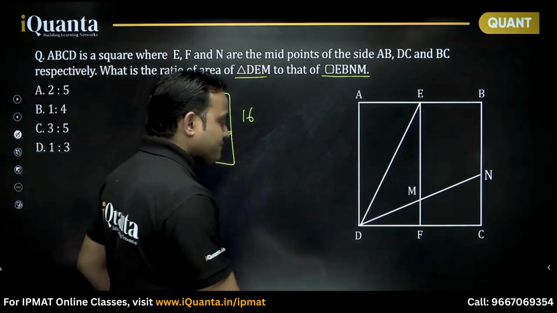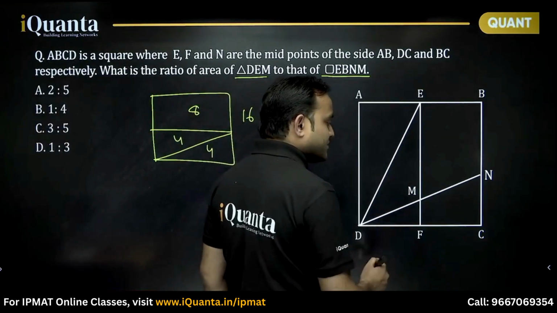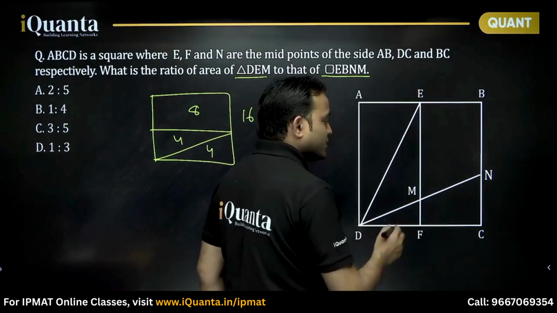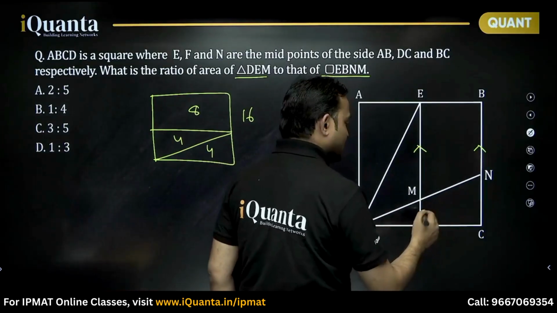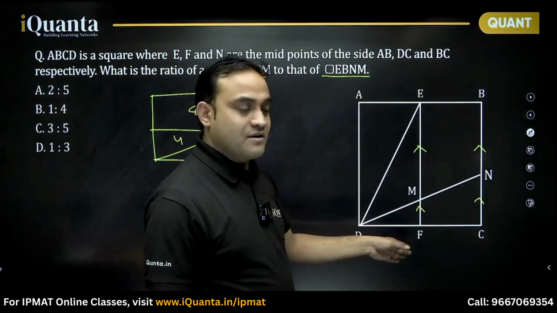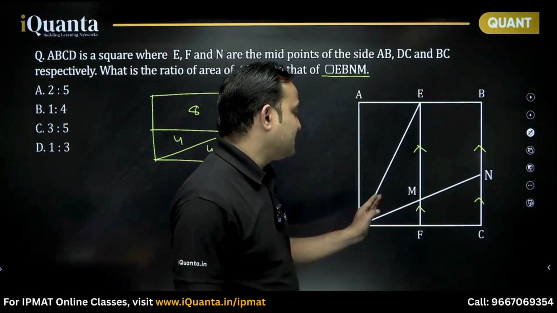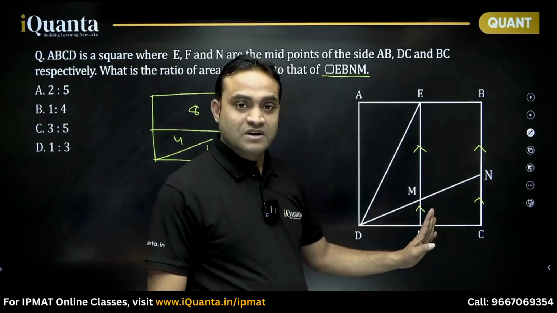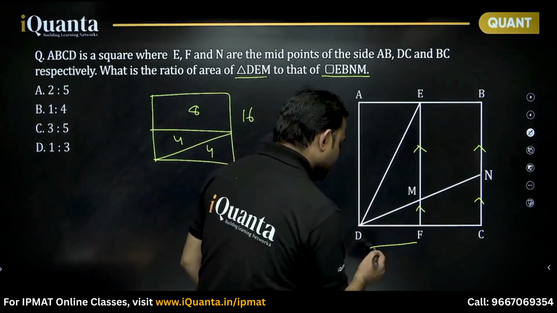And F is the midpoint, right? F is the midpoint, E is also the midpoint. These two lines will be parallel. So in that case, we can say triangle DMF will be similar to triangle DNC, where the side ratio will be 1:2.